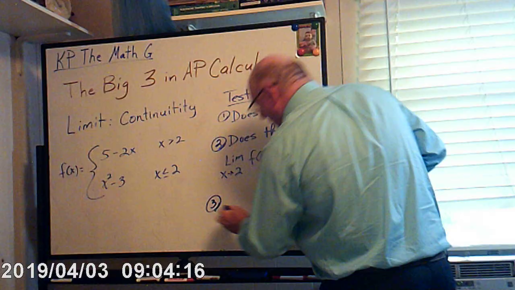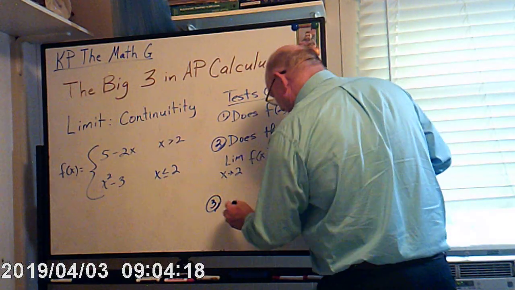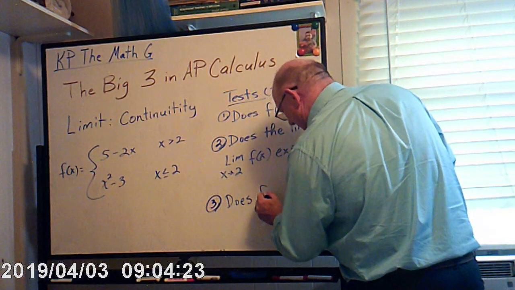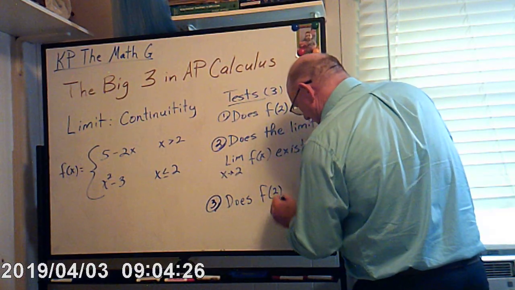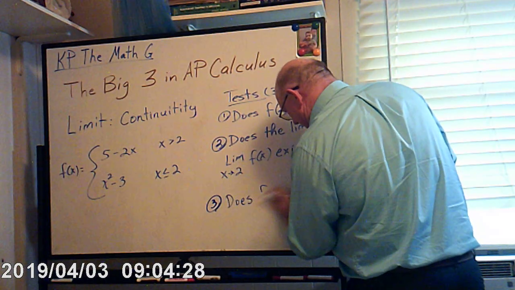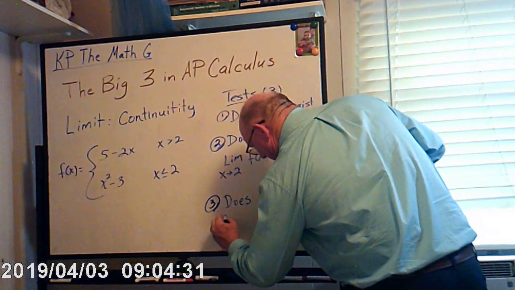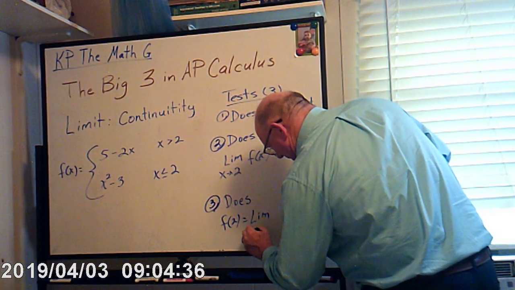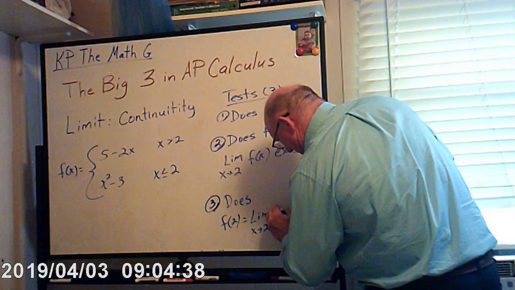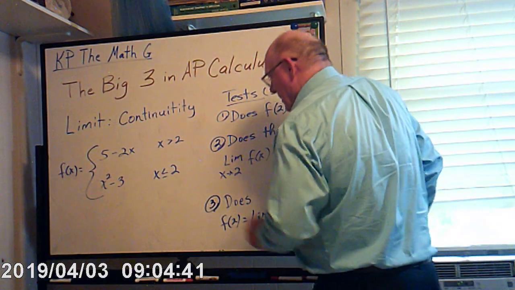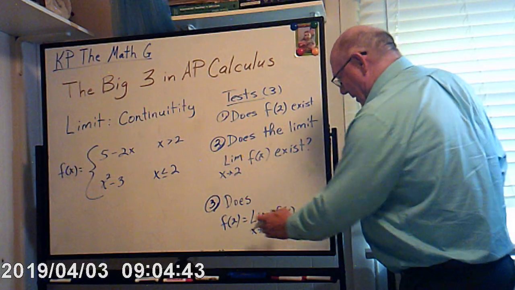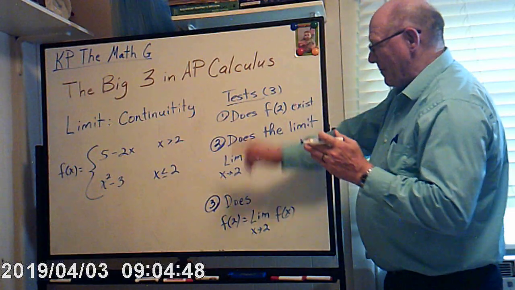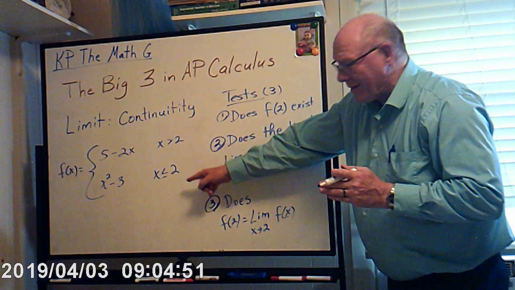If it does not fail, then we say, does f at 2 equal the limit as x approaches 2 of f at x? Does that exist? All 3 of these must hold for this to be continuity at x equals some number.